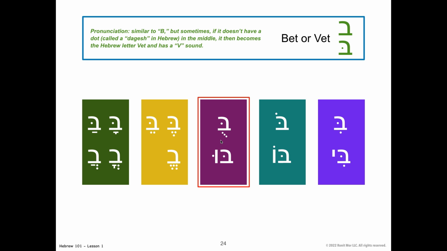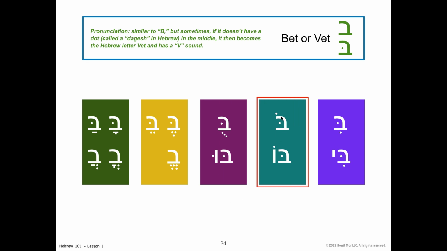So basically, you're applying the sound to the letter. The letter stays Bet, but when you apply the sound to it, it becomes boo. And this one is also boo, except we are achieving it with vav and the dot in the middle of the vav.